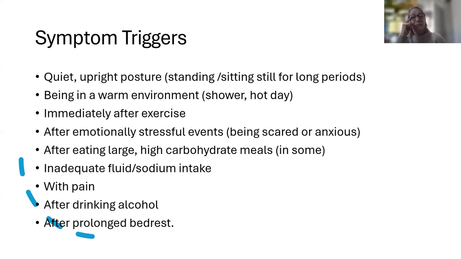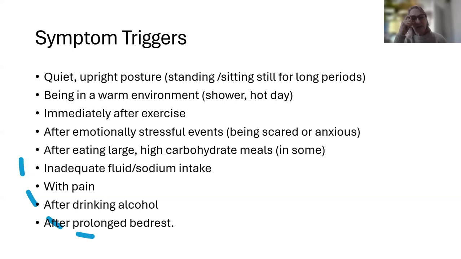Emotionally stressful events can be a real trigger. And for some people, it's eating really big meals that take a lot of digestion, because that just directs all the blood flow to the digestive process and away from the extremities and the brain and stuff like that.